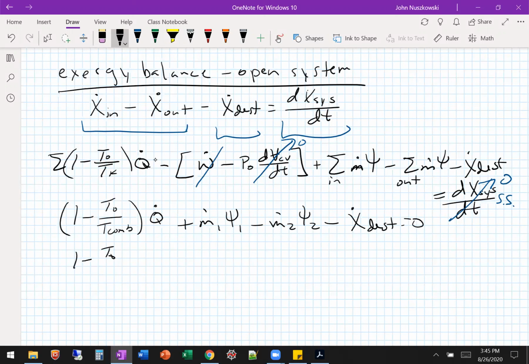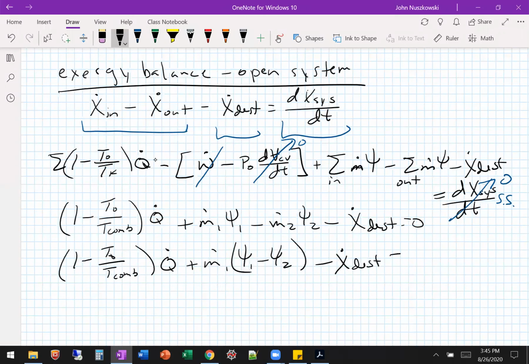Put our mass flow rate together. Now what? Again, divide out by mass flow rate.